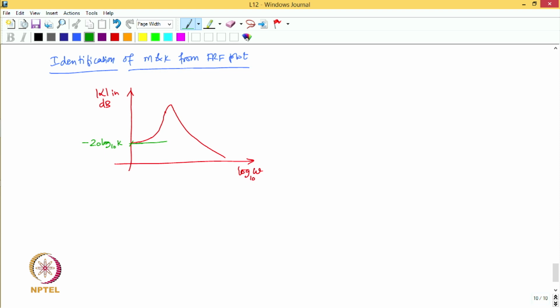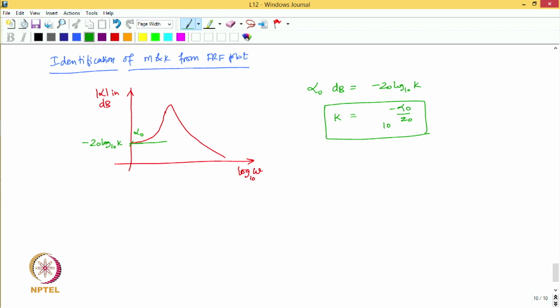So, if I call that value alpha naught, then alpha naught decibels is equal to minus 20 log 10 k, and therefore k would be simply equal to 10 to the power alpha naught upon 20. So, that basically becomes the value of k.